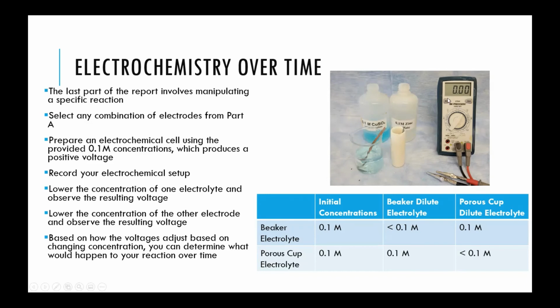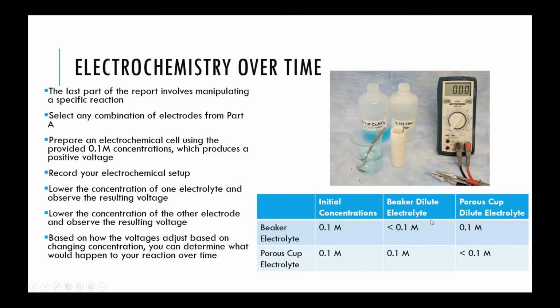What you'll then do is take whichever material you have in the beaker and prepare a dilution of that. You can take 10 milliliters of the stock solution and 40 milliliters of water to create a much more dilute solution in the beaker. And then in the porcelain cup, it will remain the standard stock solution concentration of 0.1.